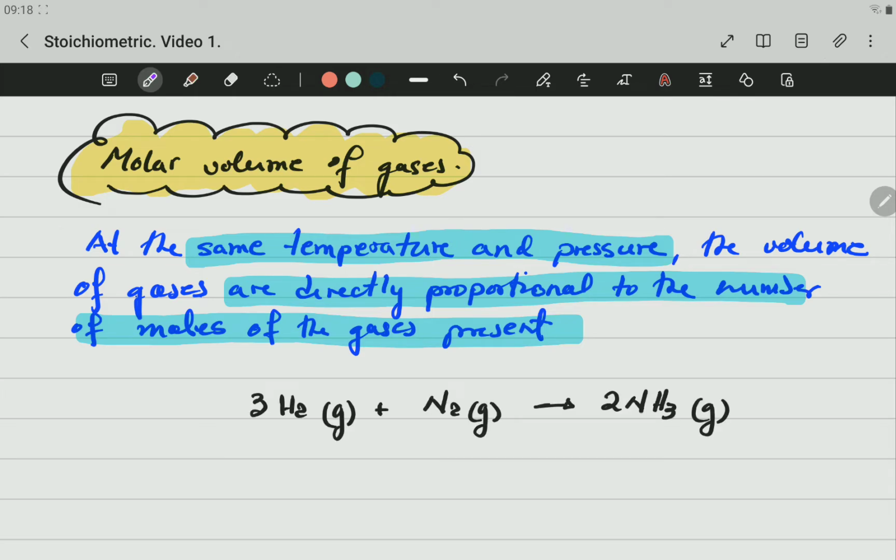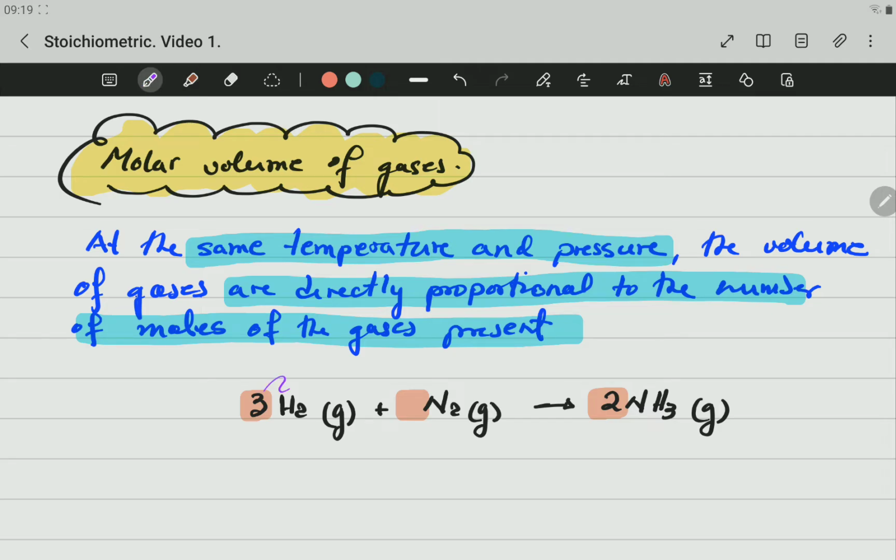Let's say we have this reaction of hydrogen and nitrogen to produce ammonia. Note that all of them are in the gas state. Let's look at the numbers at the front: the 3, the 1, which you don't write, and the 2.